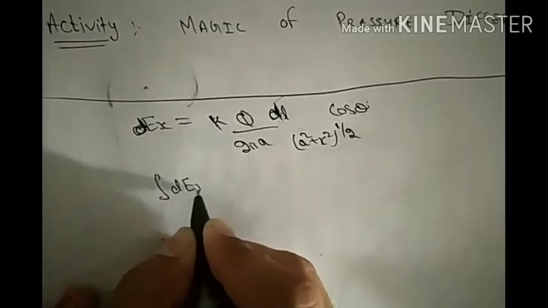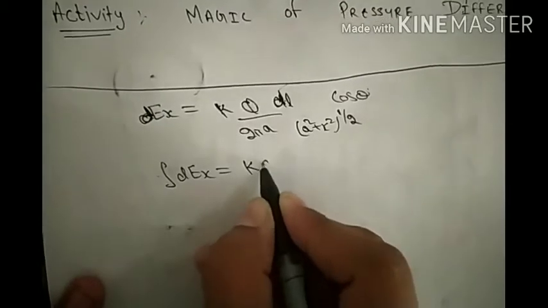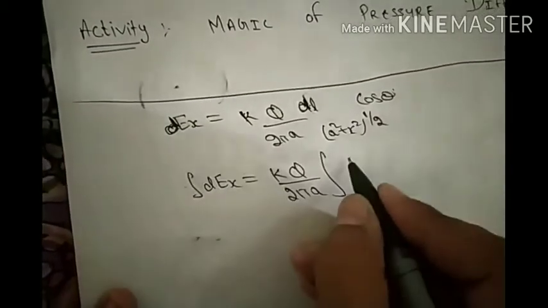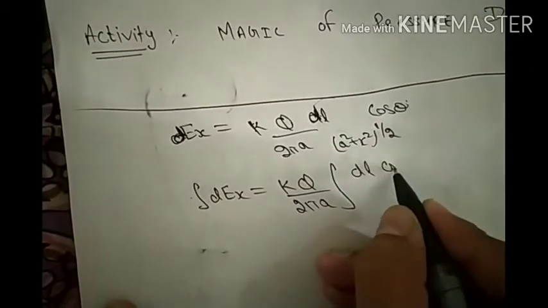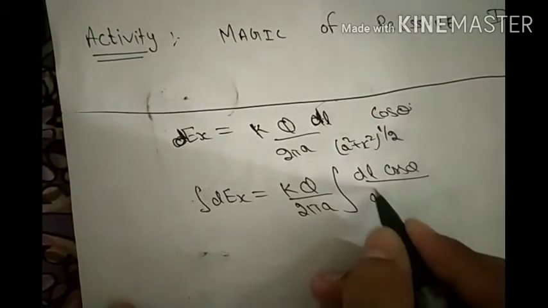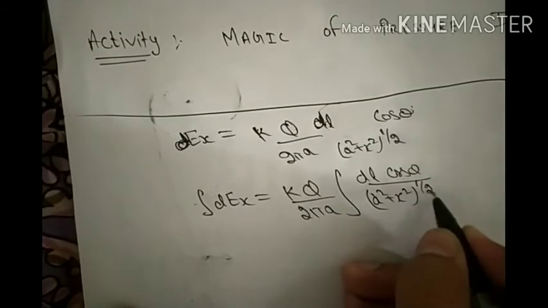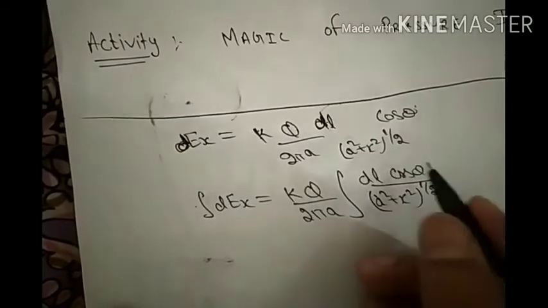So integrate both sides: k constant, q constant, 2 pi a constant, and the integration comes out to be dl cos theta upon a square plus x square. Now we have to find the value of cos theta.